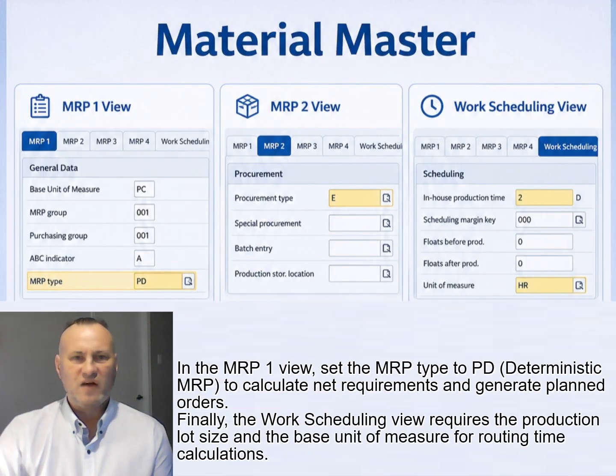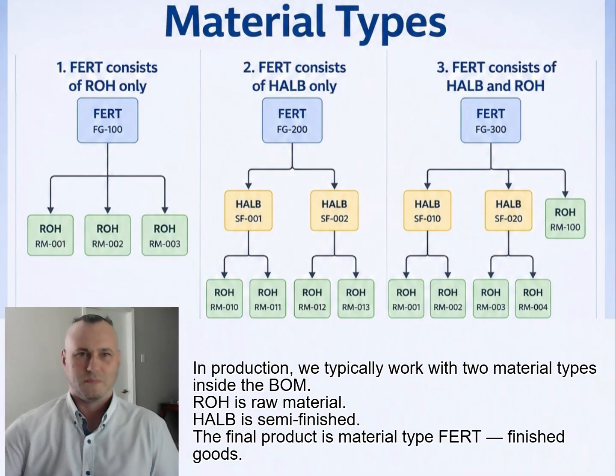In MRP1 view, set the MRP type to PD, deterministic MRP, to calculate new requirements and generate planned orders. Finally, the work scheduling view requires the production lot size and the base unit of measure for routing time calculations.